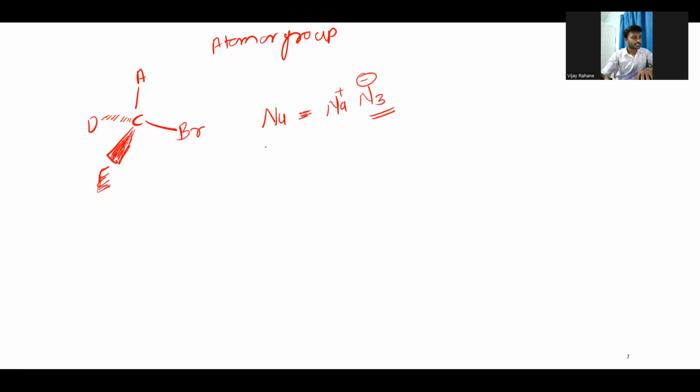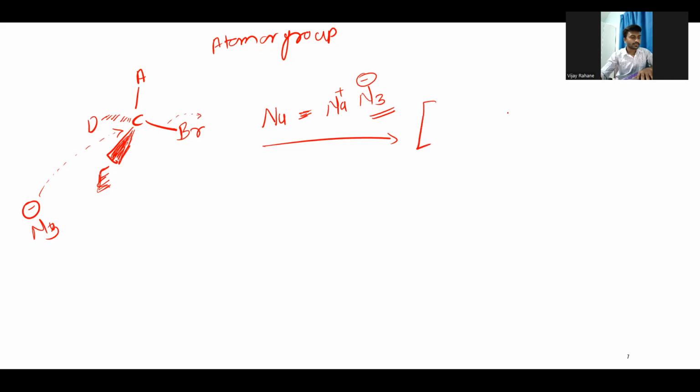So when this molecule reacts with this nucleophile, the nucleophile, that is N3 minus, attacks from the backside of this C-Br bond, right? And this C-Br bond starts breaking.